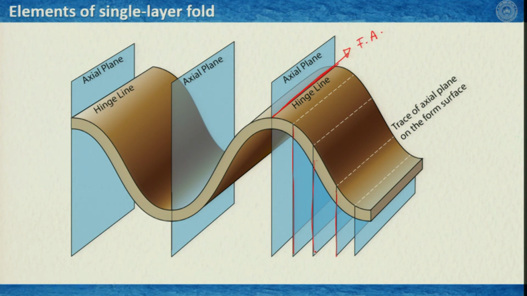Now, when these planes parallel to the axial plane intersect the fold surface, they are intersection lineations, or you can call them the trace of the axial plane on the fold surface, and they also define the fold axis of this folded structure.